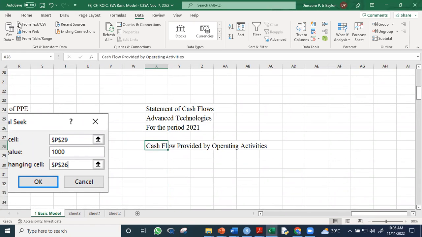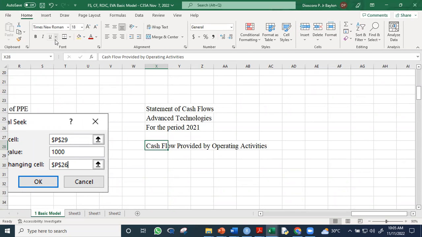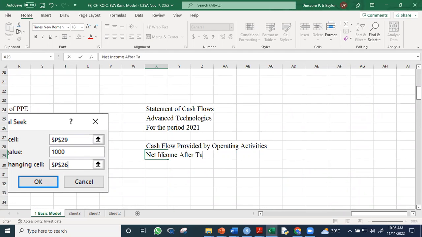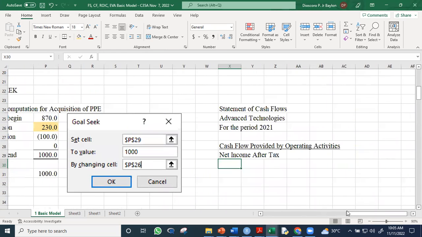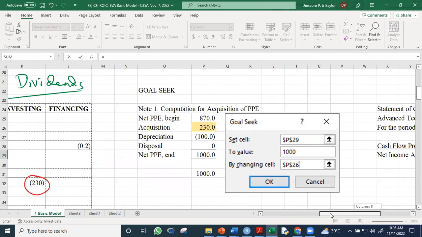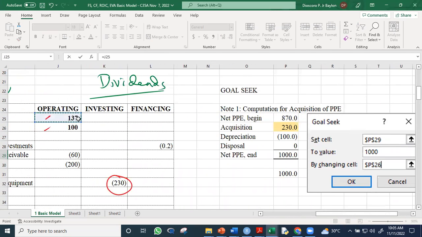Okay, so let's format this a bit. Let's put it in underline. All right, so we first start with the net income after tax, right? So let's just make use of the pro forma. Okay, here.